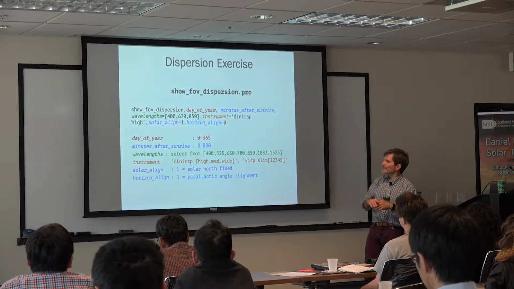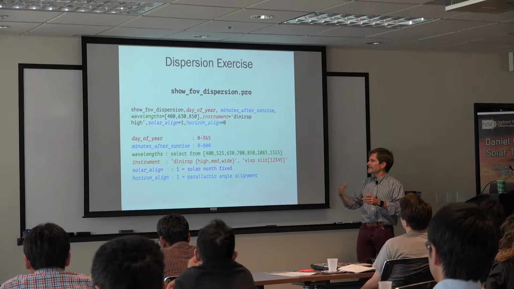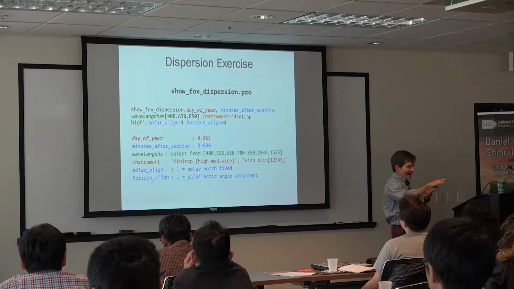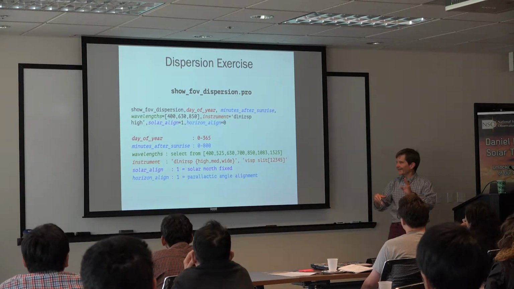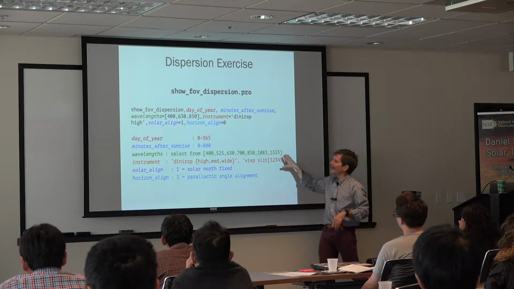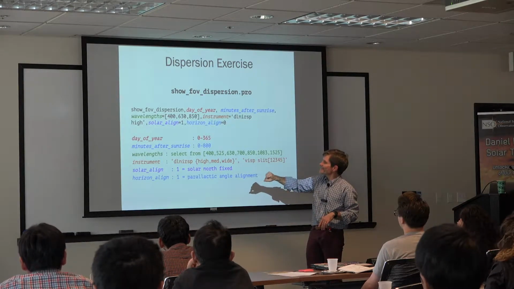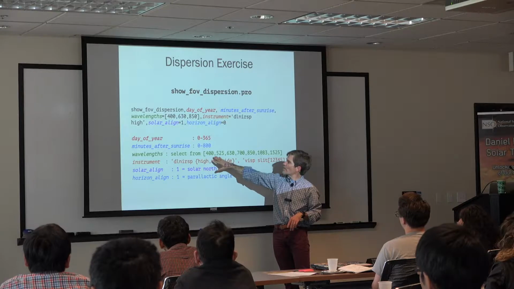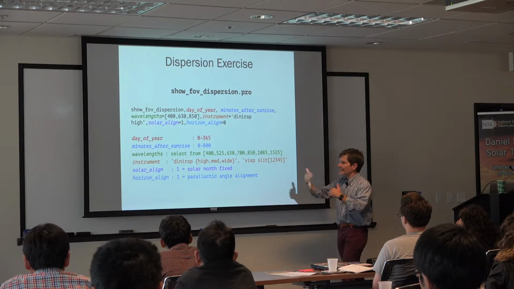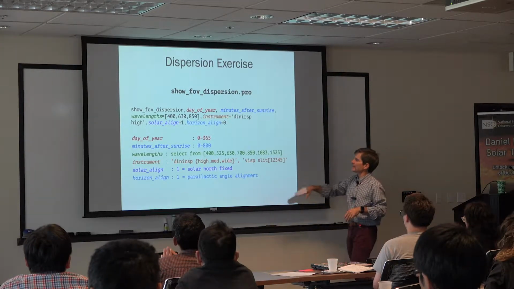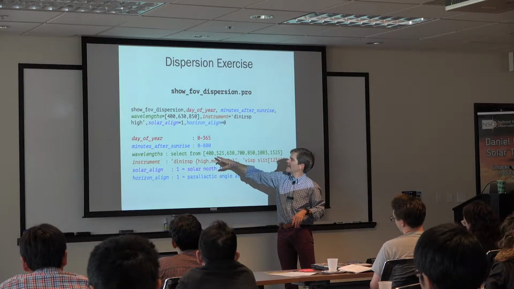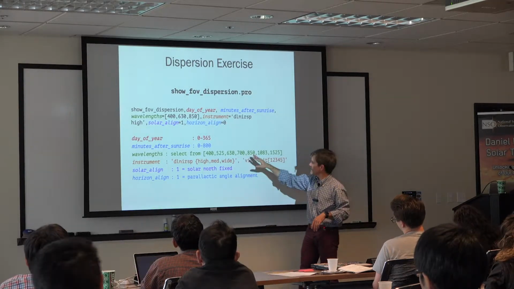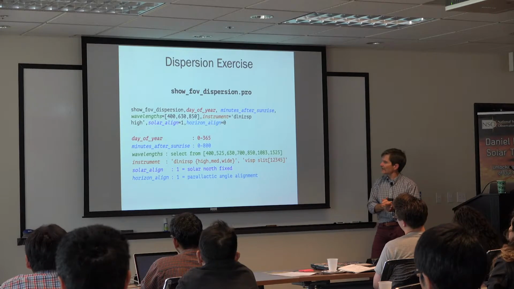As we saw, typical time to start observing is 60 minutes, maybe 45 minutes after sunrise. The program has the refraction calculated for a series of different wavelengths. Some key wavelengths, 400, 525, going out to the 1.5 micron line.